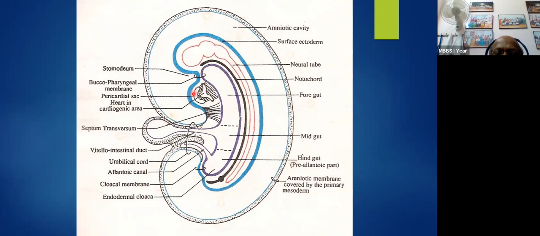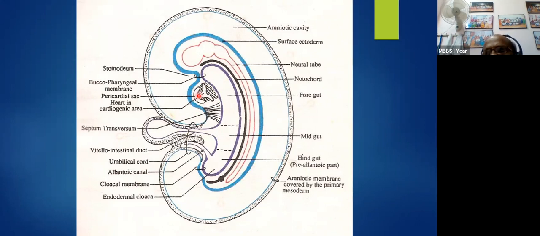Now another important point you have to understand: the developing heart is projecting into the pericardium from the dorsal aspect. This is the dorsal aspect of the embryo. You are seeing your developing brain, notochord and all. This is the dorsal aspect. This is the ventral aspect. So the developing heart tube is entering into the pericardium from the dorsal aspect.